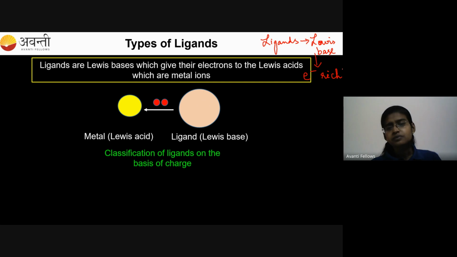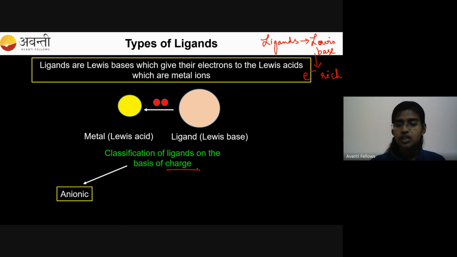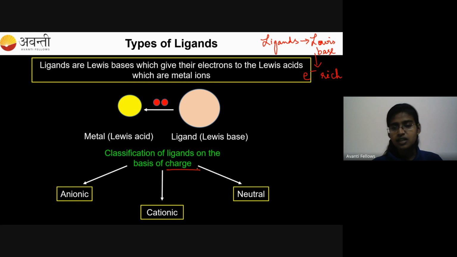Now, there are some types of ligands which are classified on different bases. The first classification of ligands is on the basis of charge. On this basis, it is classified into 3: anionic, cationic, and neutral.